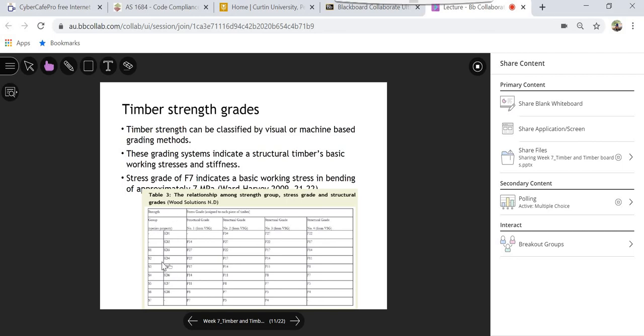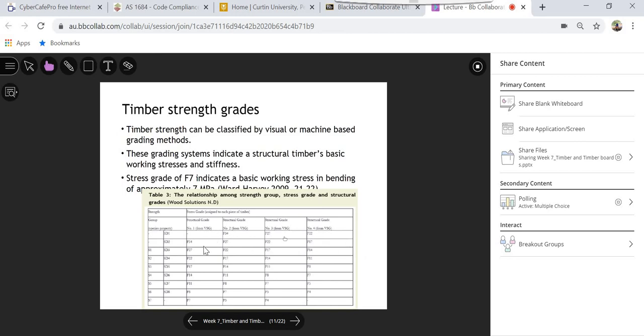People take each timber piece, visually grade them from 1 to 5 and separate them. You see that structural grade 5 is not given here because we don't use that.